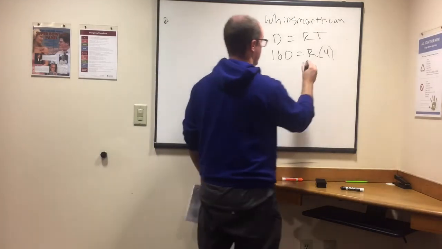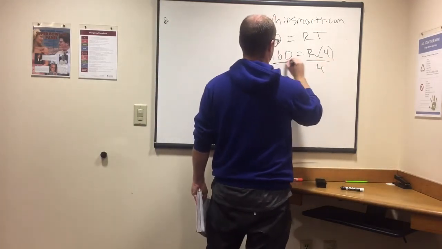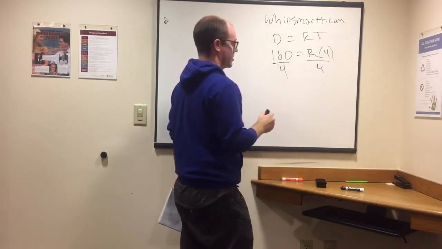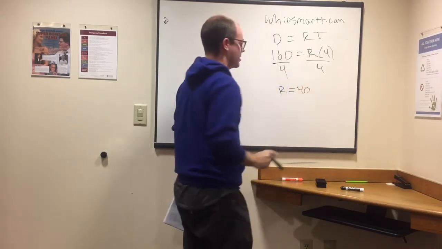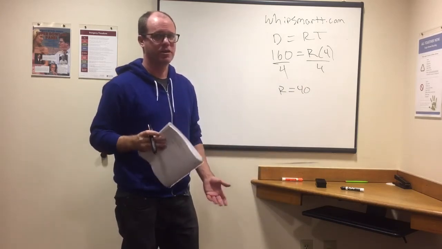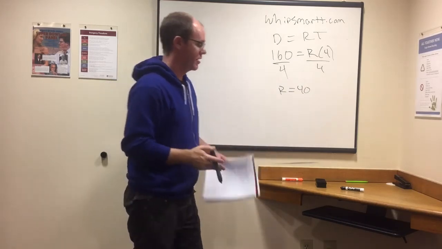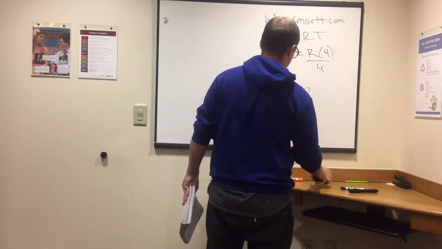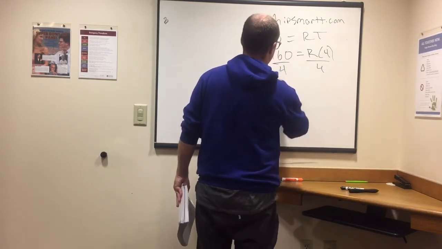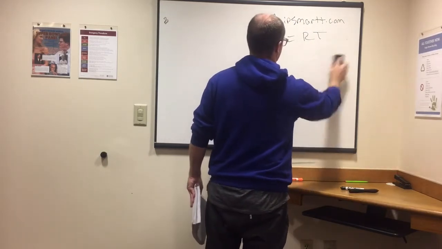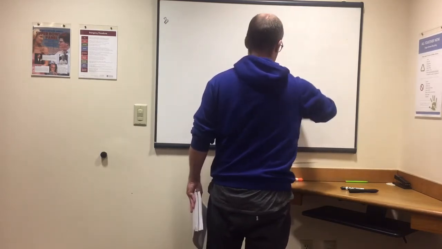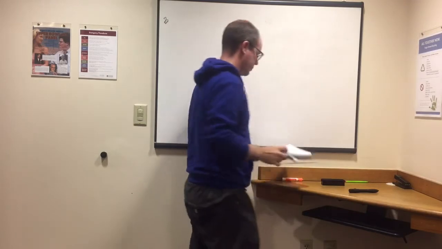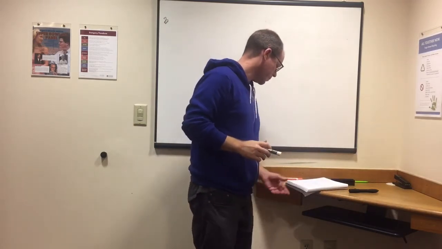So to figure out rate, divide each side by 4. 160 divided by 4, 40 miles per hour is a good answer. Okay, that's the first one. Distance equals rate times time. Gotta make sure you're familiar with that.